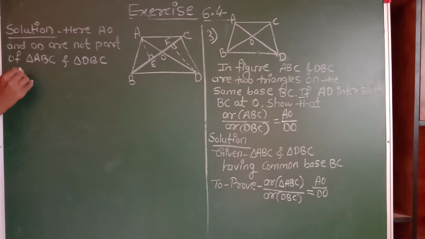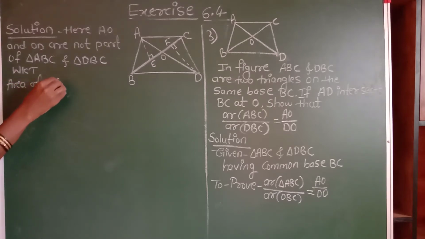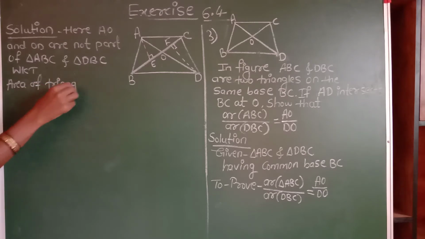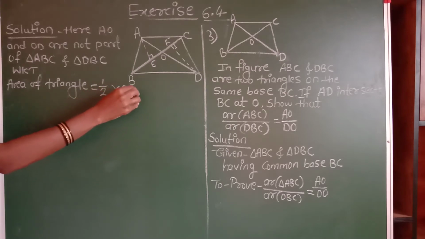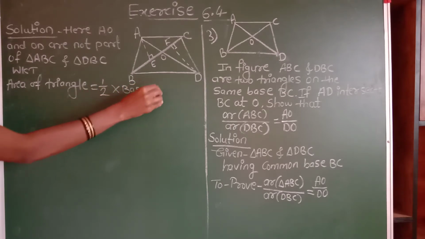We know that, what do we know? The area of a triangle formula. Area of triangle is equal to 1 by 2 into base into altitude.